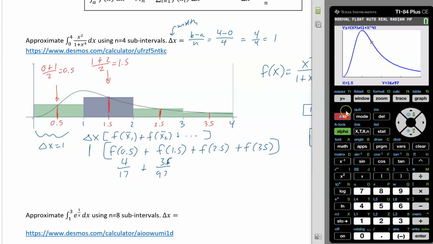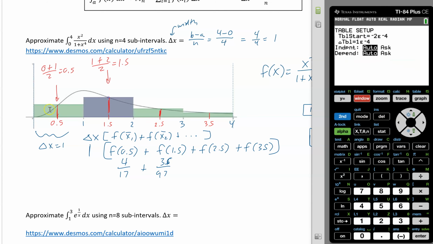A quicker way to do it though is you go to your table, and our first point that we're starting at here is 0. So we want our first point to be 0. And then our width here is 0.5. So our first point is going to be 0.5 away, right? So our first point is actually at 0.5. And then how far is it from 0.5 to 1.5? It's 1 unit away.